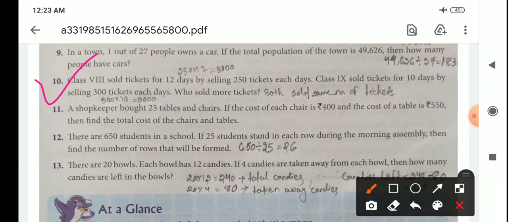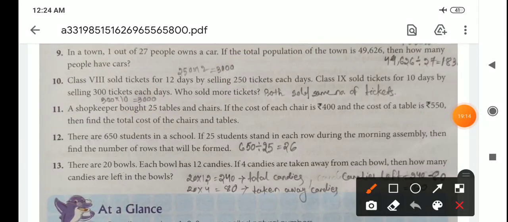Then class 9 sold tickets for 10 days by selling 300 tickets each day. Who sold more tickets? In both cases, you separately find out their tickets. Then you compare. Here also 3000, here also 3000. So both sold same number of tickets.